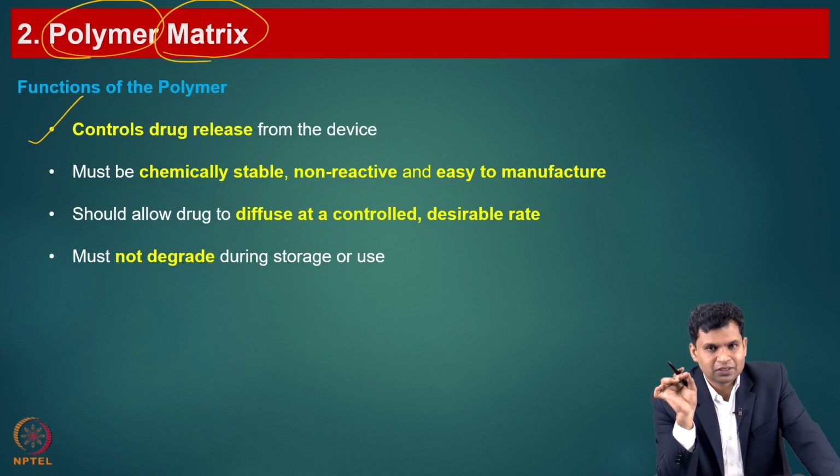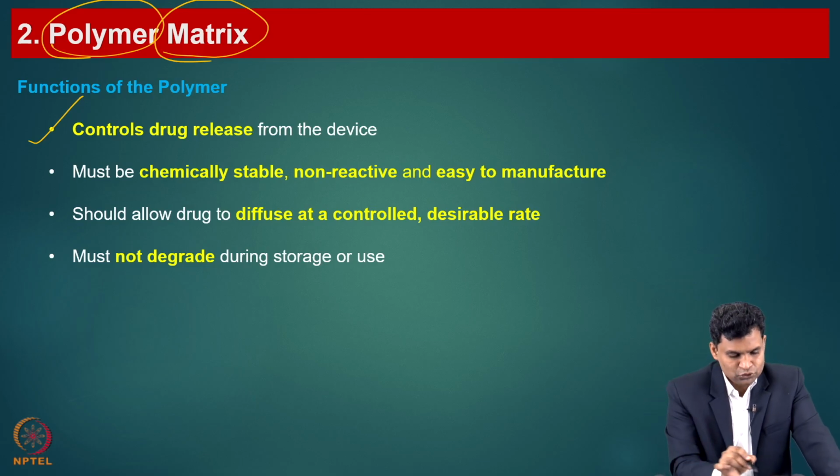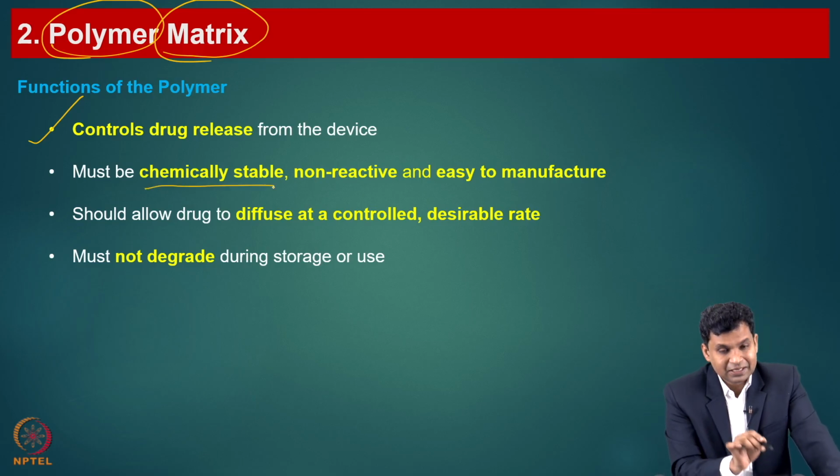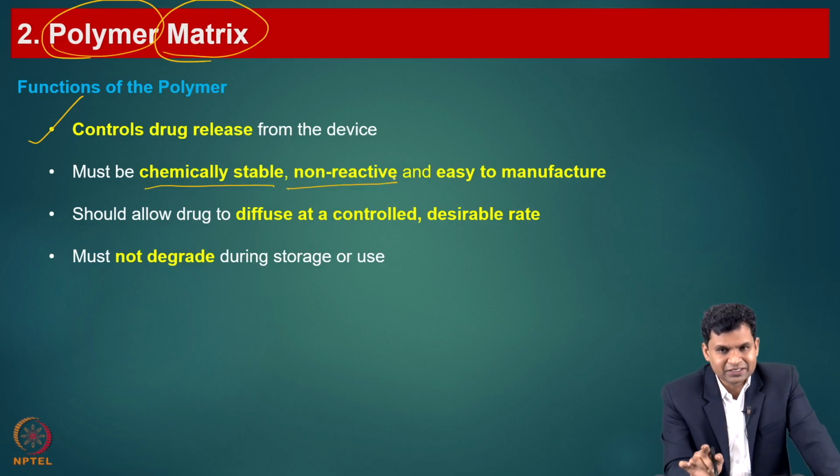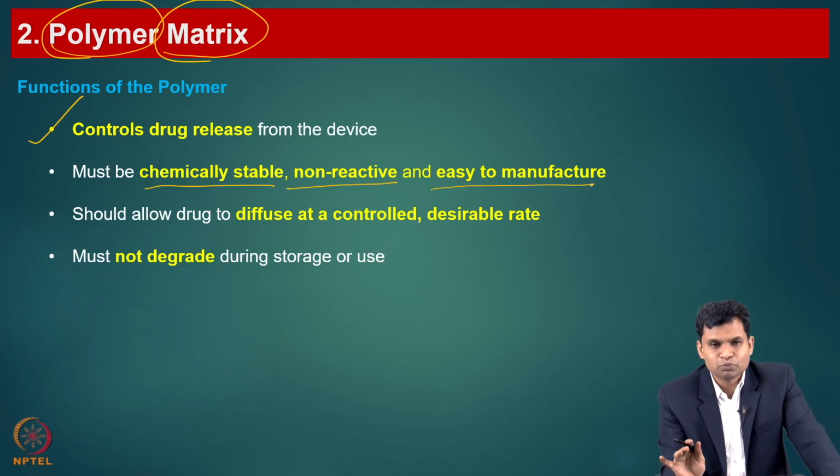So, the life of the drug will ultimately depend on the selection and usage of the polymer. The polymer should be chemically stable, non-reactive, easy to manufacture, and cost effective.